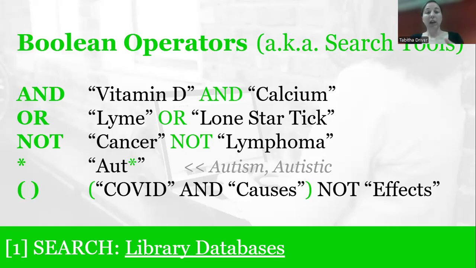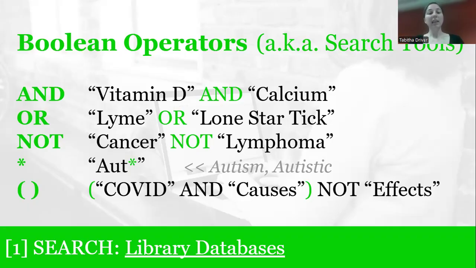So you might search for vitamin D AND calcium to find both of those in the same article. But if you don't care and you just want articles about tick diseases, you might look up Lyme disease OR Lone Star tick. You can also use NOT to say, I don't want this topic. I'm interested in articles about cancer, but not lymphoma.